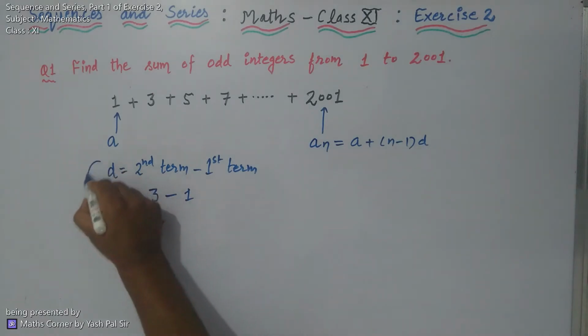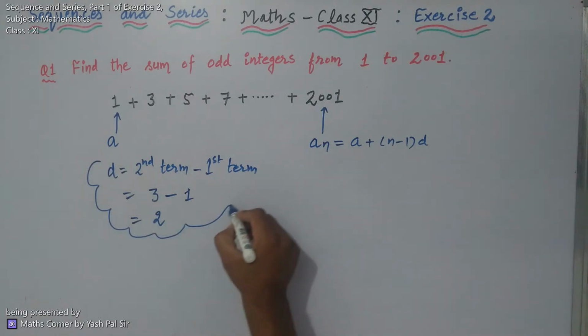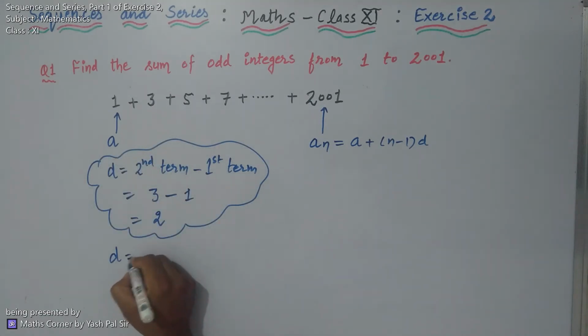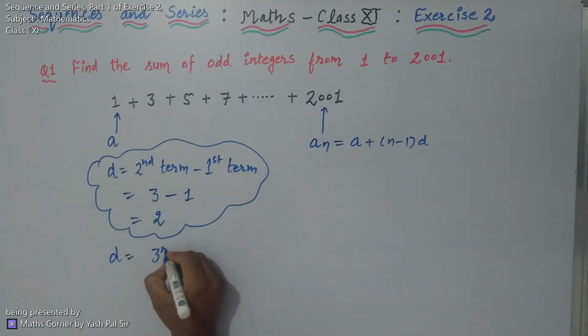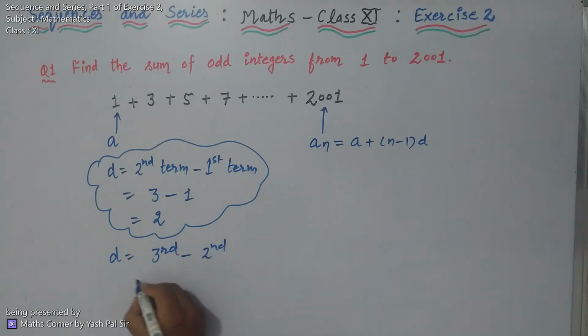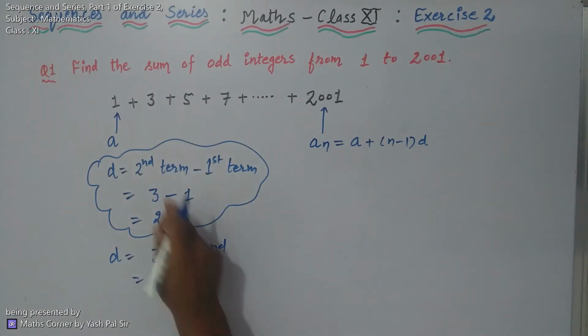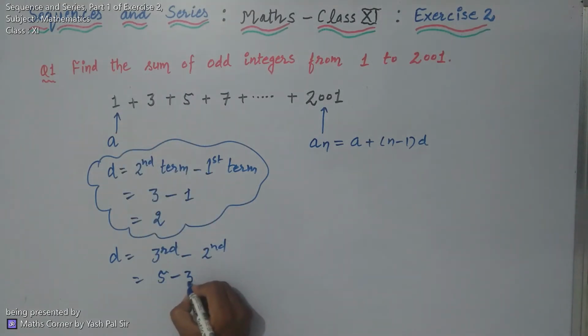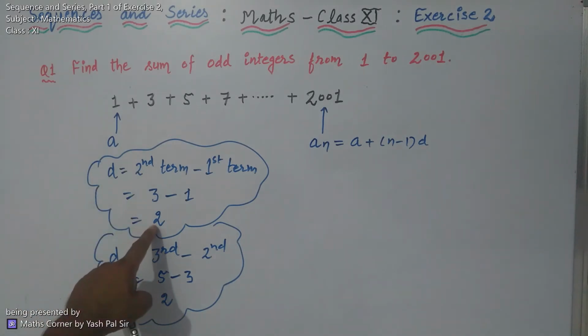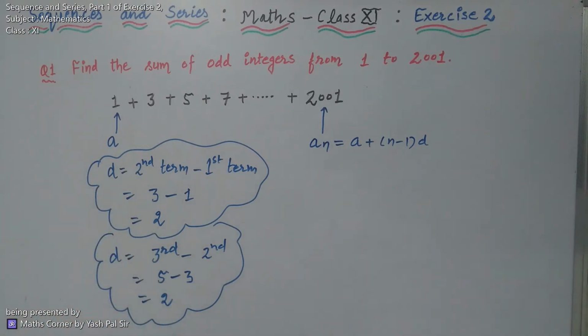Also we can find the value of d by d is equal to the third term minus the second term. The third term is 5 minus the second term 3. So the answer is 2. Everywhere the value of d remains the same. D is equal to 2.